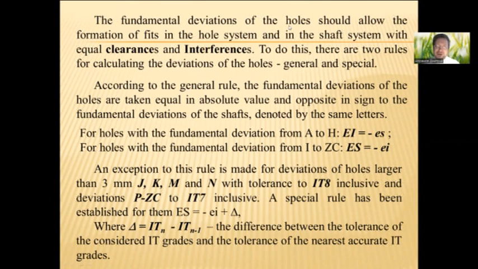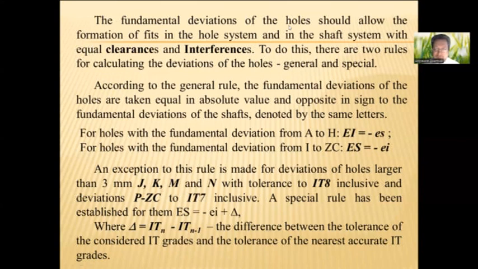According to the general rule, the fundamental deviations of the holes are taken equal in absolute value and opposite in sign to the fundamental deviations of the shafts, denoted by the same letters.